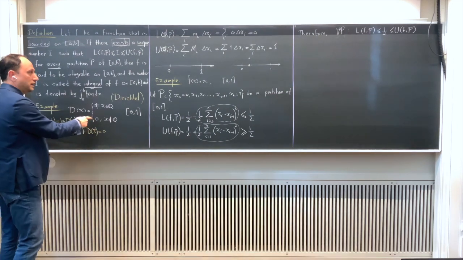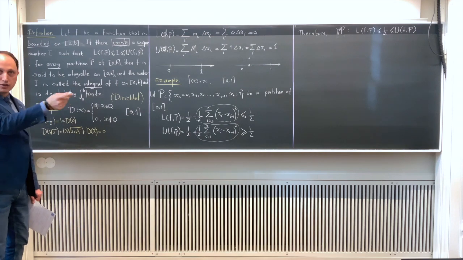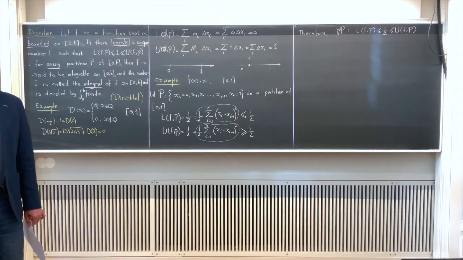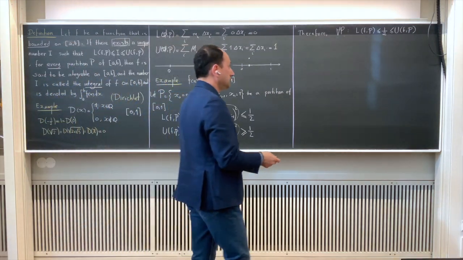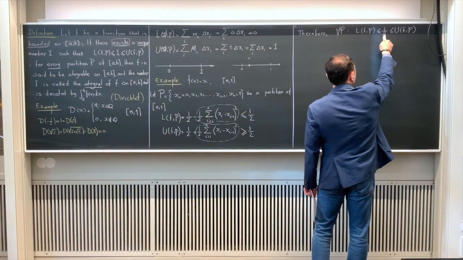Because do you remember in the Dirichlet case, we also found a lot of numbers. So I have to guarantee that this number is the only number with that property. Yes? So I want to show that.